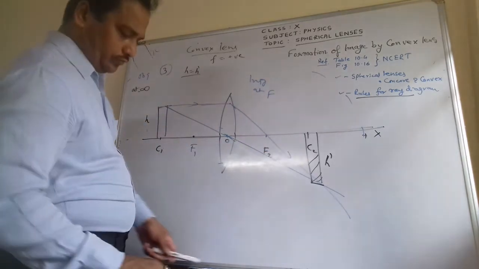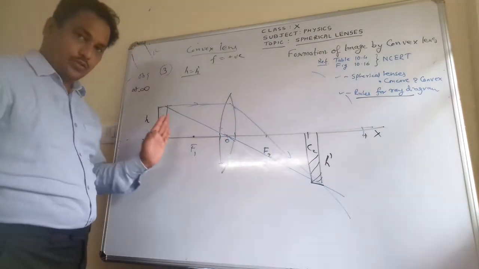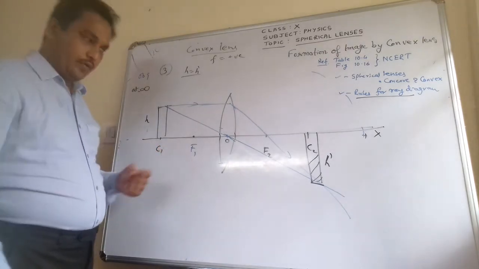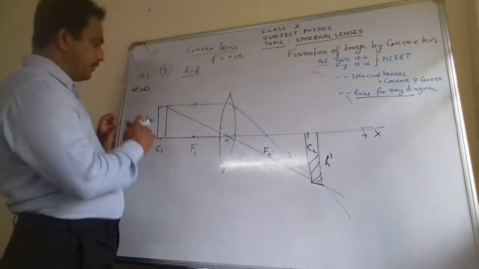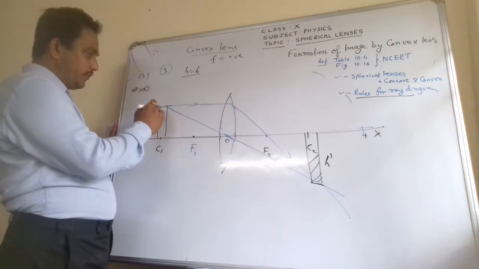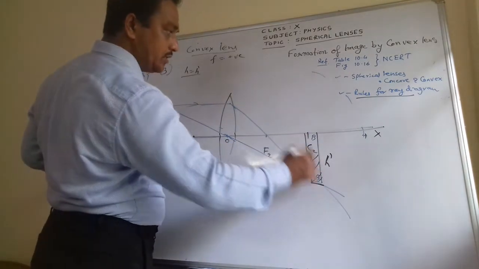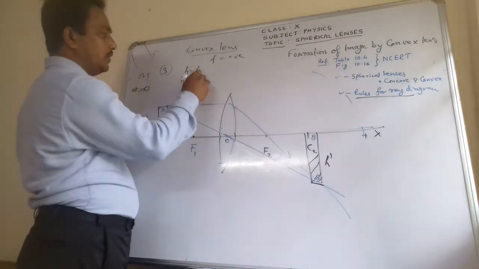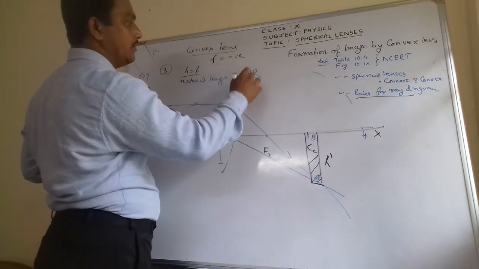Now after this we will bring the object closer to the convex lens, where it will reach between C and F. Let us do that. In all these cases, from infinity to beyond C to at C, if this is AB, the image is BA. The nature of the image is inverted and real, IR.